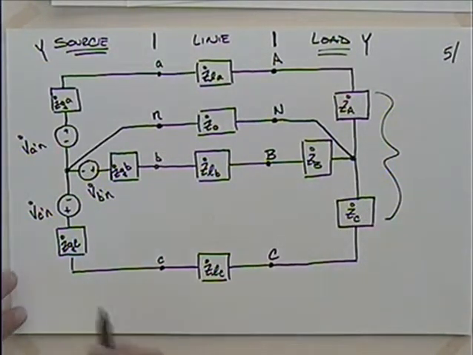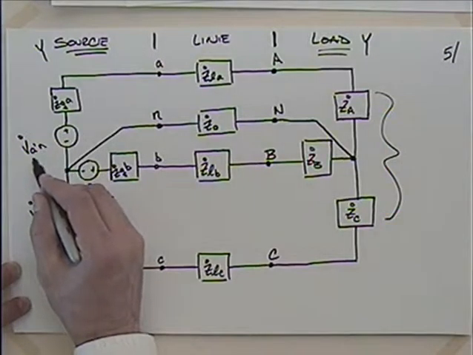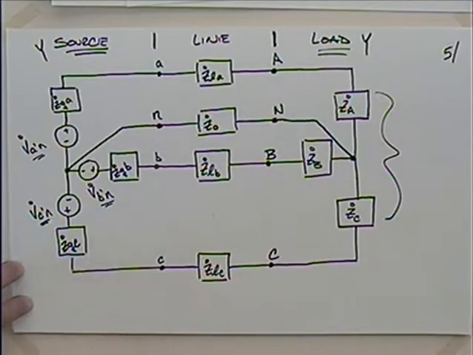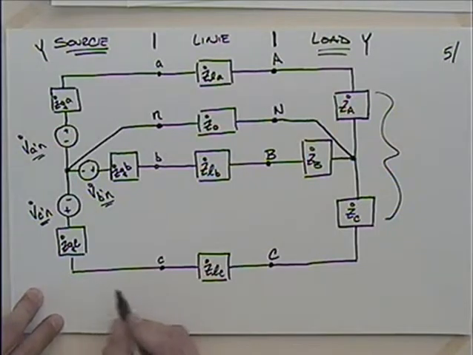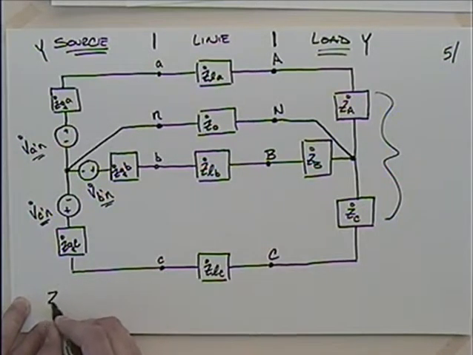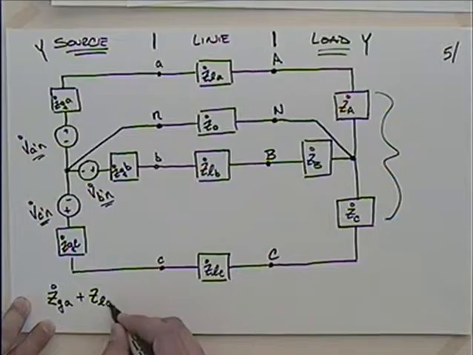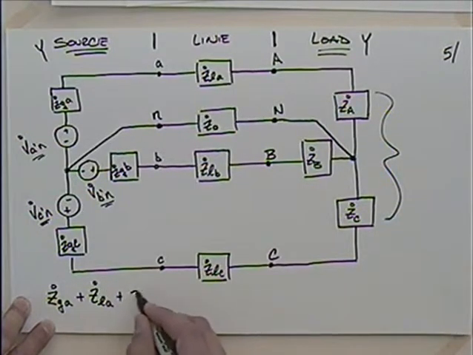Now if I start out with these voltages being balanced, that is the magnitude of this voltage source and the magnitude of that voltage source and the magnitude of that voltage source, they all have the same magnitude, and they're separated by 120 degrees. That's one of the requirements for being balanced, right? The other requirement is that the impedance is the same. So I need to be able to say that the impedance for the generator for A plus the impedance for the line for A plus the load at A has to be equal to what?